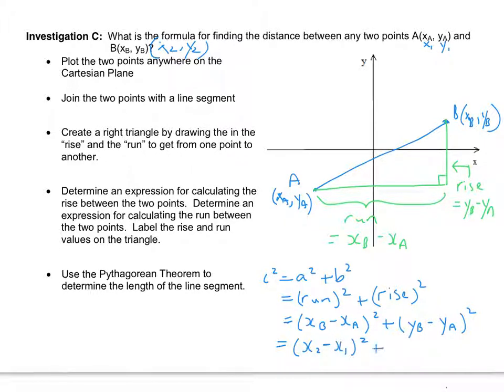In fact, I think our textbook uses the x2's and x1's and the y2's and y1's. I don't care which one you use, just use one. So this is my generic formula for c squared. If I actually want the value of c, I square root both sides. You will see this crazy looking formula, but if you just remember it's rise squared plus run squared, or vice versa, it's really easy to remember.